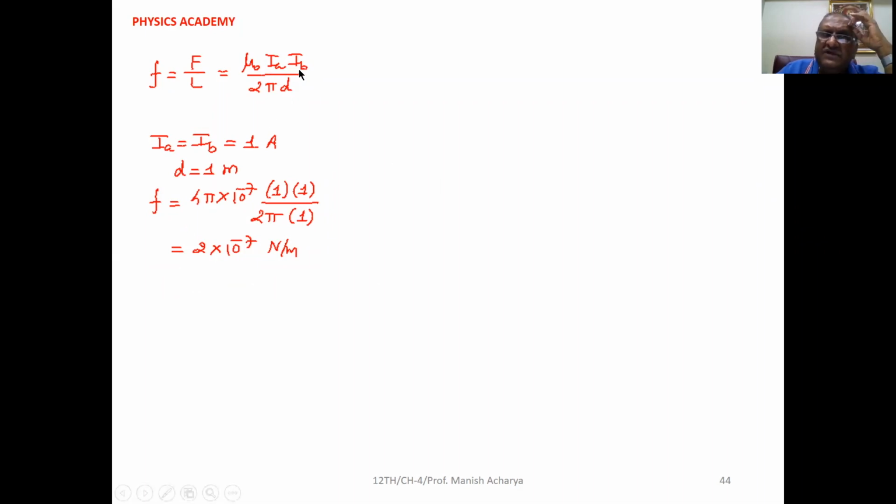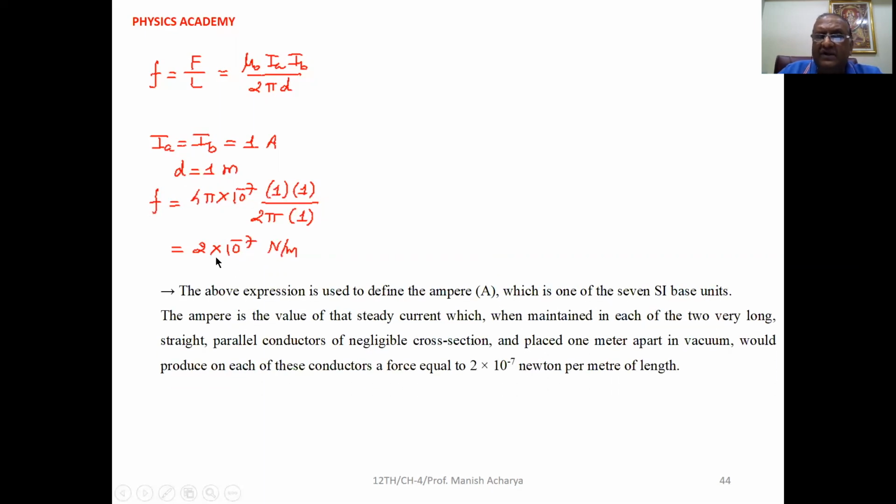And then if we substitute the values here, then force per unit length of the conductor, that is mu 0 by 4 pi into 10 raised to minus 7 IA1 IB1 upon 2 pi d, that is 1 meter. And if we solve this one, then we will get the force per unit length, that is 2 into 10 raised to minus 7.